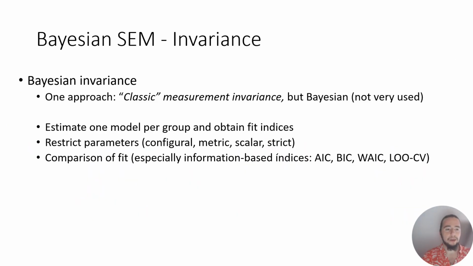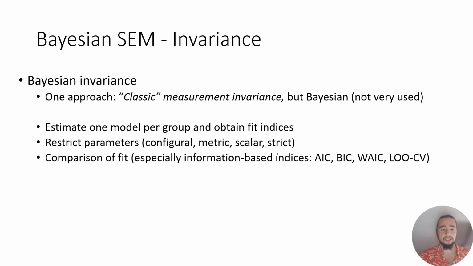Okay, now if we want to make it Bayesian, one intuitive alternative should be getting the exact same framework. So it would be the classic measurement invariance, but with a Bayesian estimation. This is not very used, but it can be done.